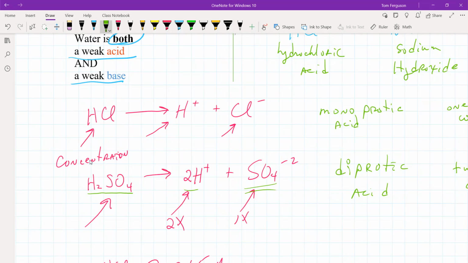With a strong monoprotic acid like hydrochloric acid, if you know the concentration of this, that's the same concentration automatically of H and Cl minus. Because remember, there's no HCl molecule. It's H and Cl separate. And these would be aqueous, in an aqueous environment, water.